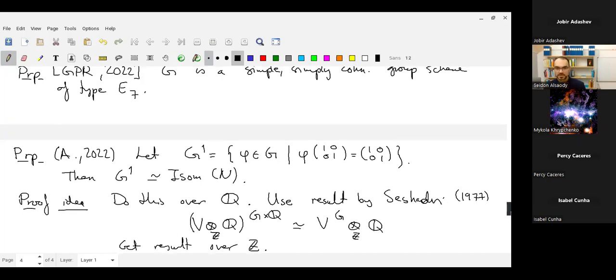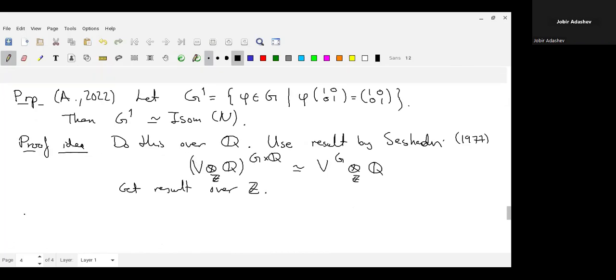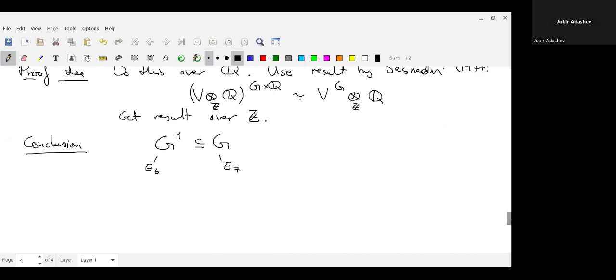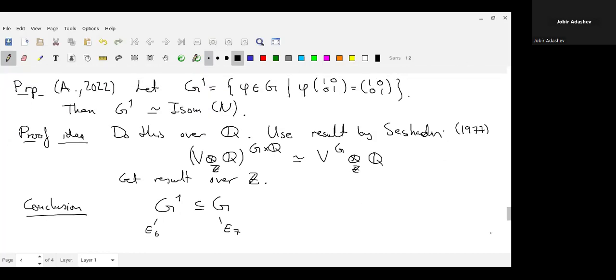So this means that our conclusion is that we have G1 included in G, and this is of type E6, and this is of type E7. And now we want to use this to understand E7 as a homogeneous space with structure group E6 and relate that to isotopes of Brown algebras.